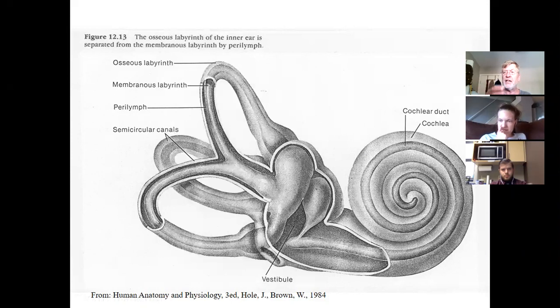Endo, inside; peri, around. Here's the utricle and the saccule. This is their bony labyrinth surrounding them. They are membranous labyrinths. Here are the semicircular canals. They are the bony labyrinth, and inside there's the membranous labyrinth containing endolymph again. The ampullae, utricle, saccule, and so on.